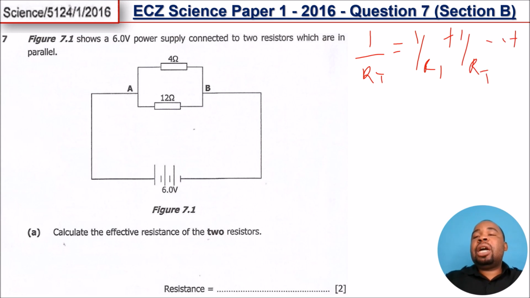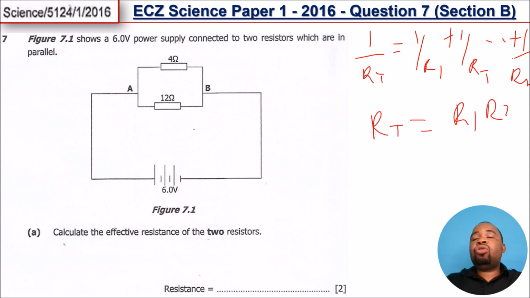You keep adding until you reach 1 over Rn. But if you have two resistors, like in our case, we can safely say the total resistance is the product R1 R2 over R1 plus R2. We call it product over sum.